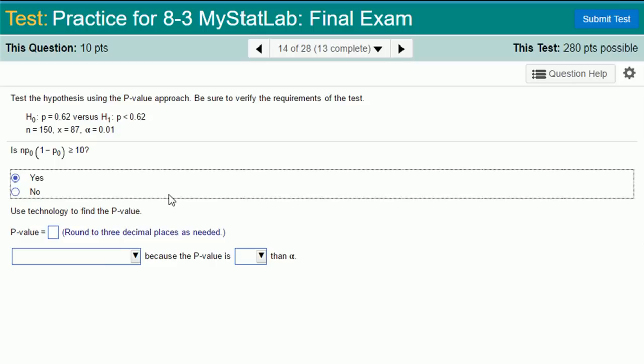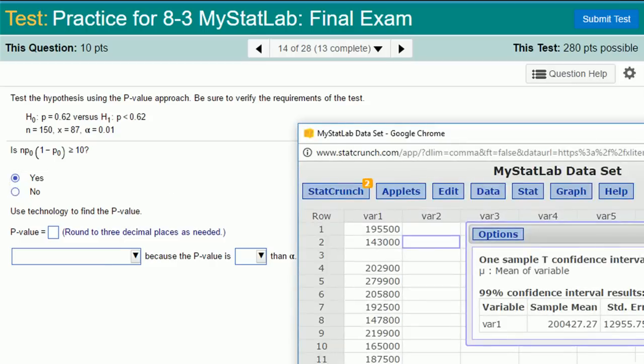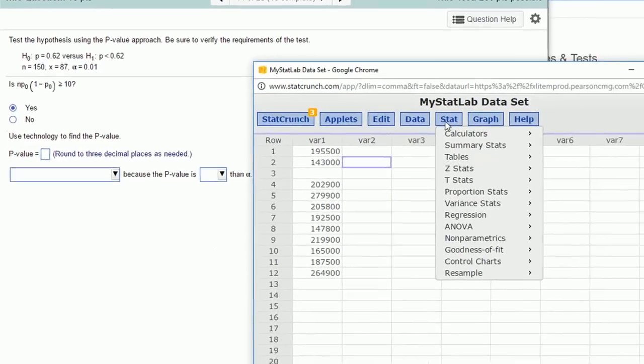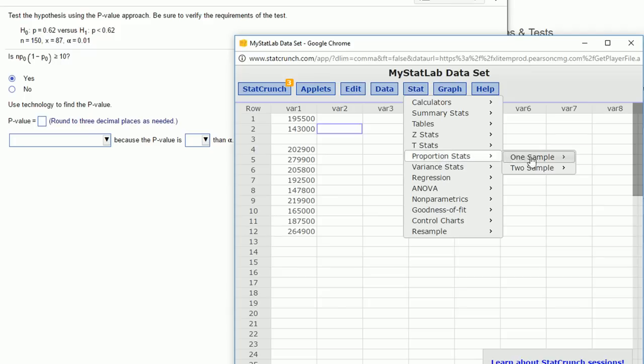Use technology to find the p-value. So let's go to StatCrunch, and under the Stat menu, we're going to do a proportion stat, one sample with summary data. I'm going to enter the number of successes, 87, the number of observations, 150, and my hypothesis test was p equal to 0.62, alternatively, p is less than 0.62.